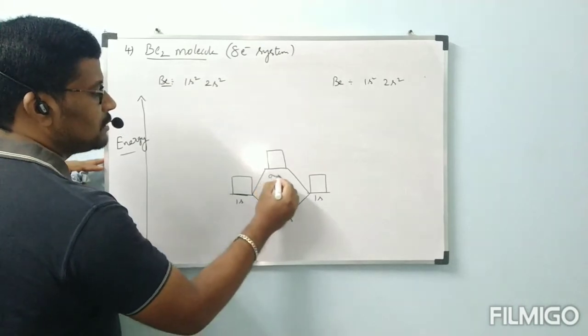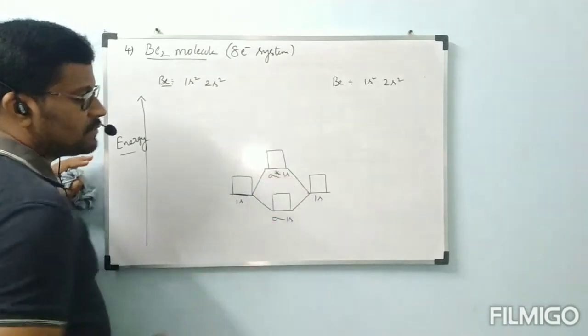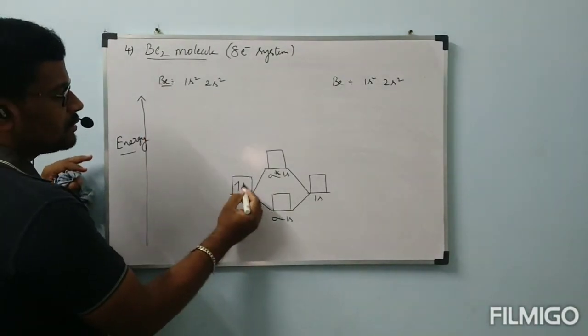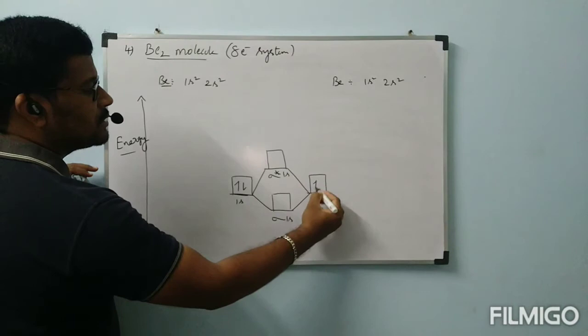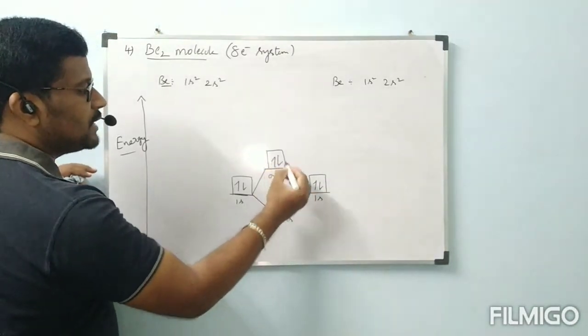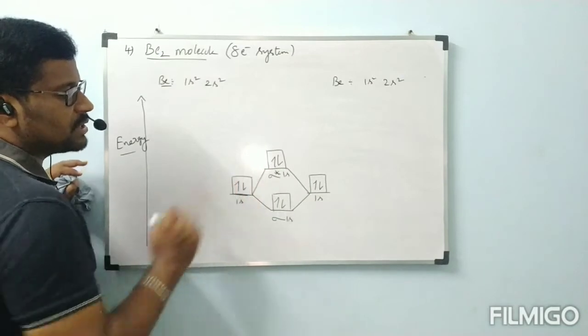Sigma 1s, sigma star 1s. Each 1s has 2 electrons, so totally 4 electrons we will fill like this: sigma 1s2, sigma star 1s2.